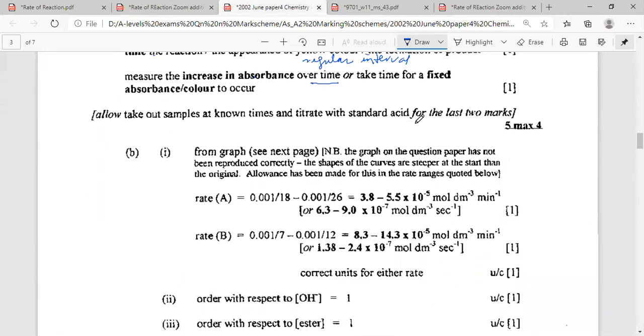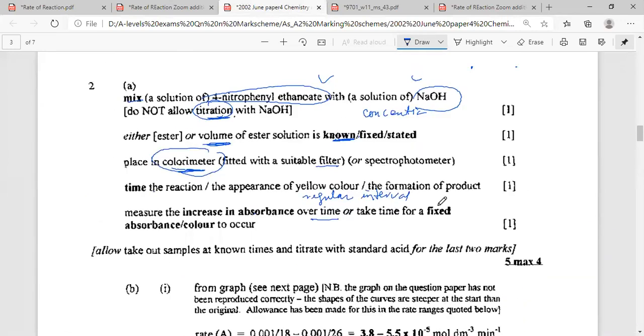Remember I told you that there are 5 points here. The first point you need to say is mix the solution, that means the ethanoate and your NaOH, both are the reactants. So you must say it, and mix it. Do not allow titration of NaOH, you cannot use that. It means you use the colorimeter method.